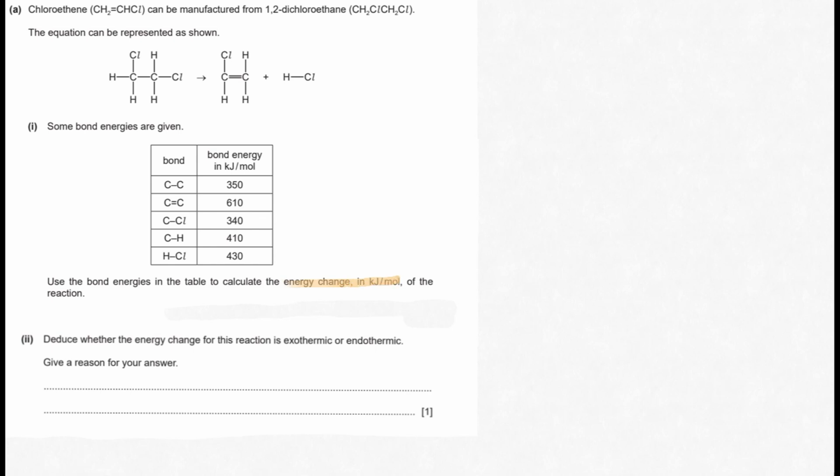Okay, so we know how it goes by now. First, we're going to calculate the bonds broken. So this would mean that there are 4 carbon-hydrogen bonds that need to be broken, as well as 2 carbon-chlorine bonds and 1 carbon-carbon bond.